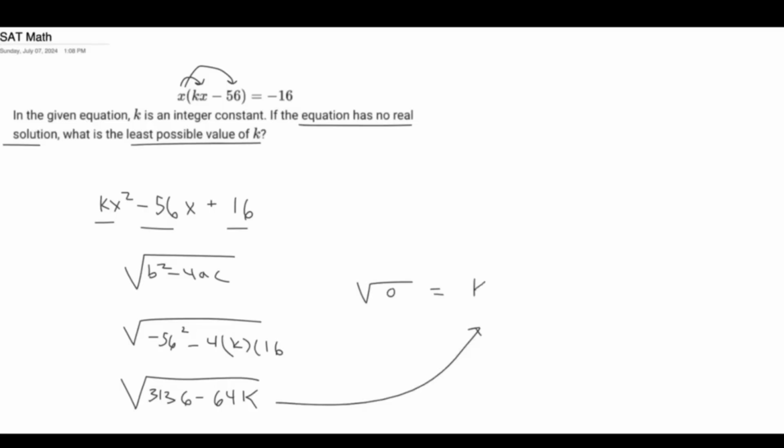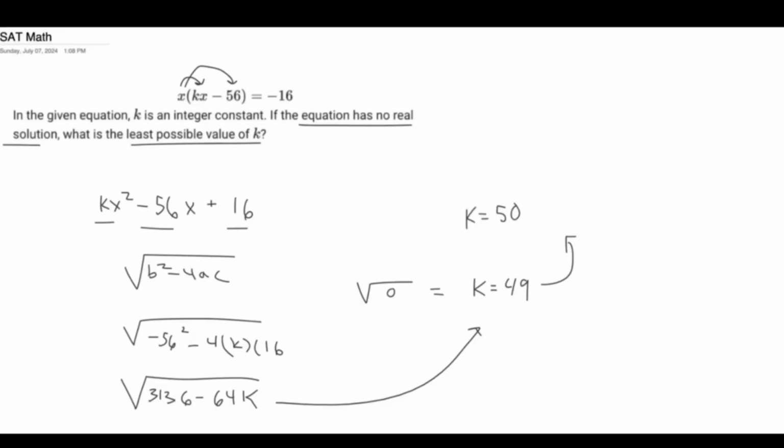So in this case, k would be equivalent to a value of 49, right? If k is equivalent to 49, we would have 3,136 minus 3,136, and then we would only have one real solution. But in our case, we want no real solutions. And so we'll just take one integer value above 49, and we will get k equals 50, right?